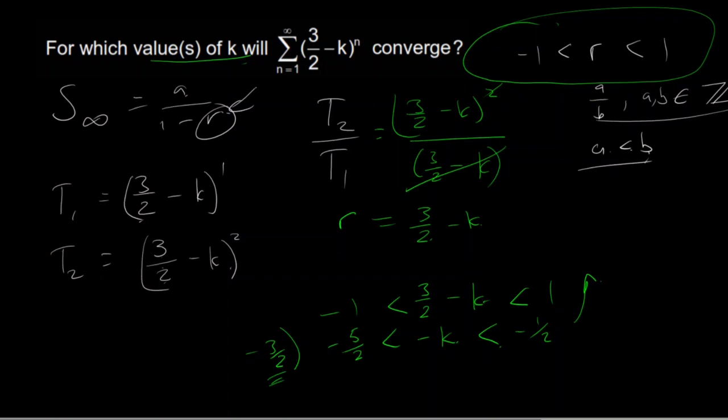Now we need to be careful. We are going to multiply by a negative right through, so that will turn k positive. If we multiply by a negative, this becomes positive 5 over 2, and that becomes positive 1 over 2.